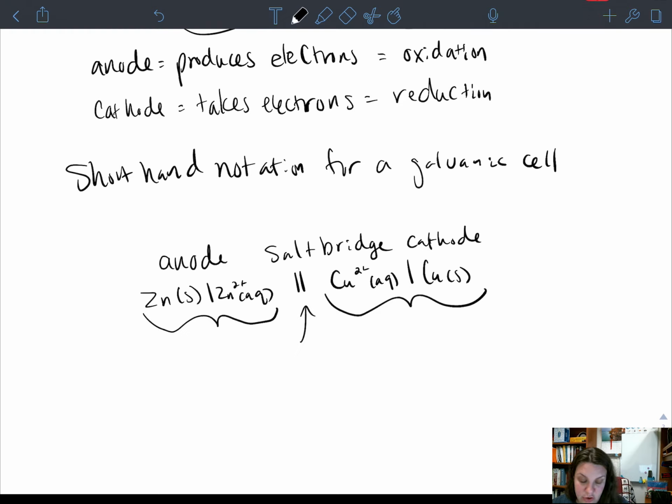Salt bridge is shown with 2 lines. Single lines is a phase boundary.